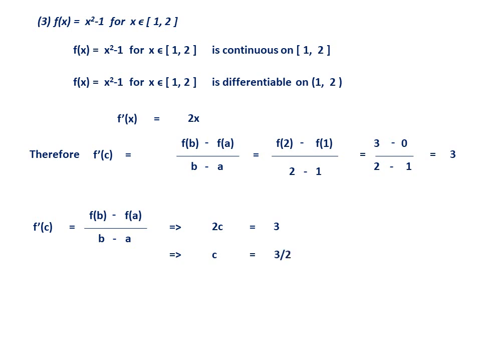So this implies c will be equal to 3 by 2. Now we have to check whether this c is in the required interval. So 3 by 2 belongs to 1 to 2, because the open interval is 1 to 2. So therefore mean value theorem is verified for this one. So for the third example, mean value theorem is applicable.